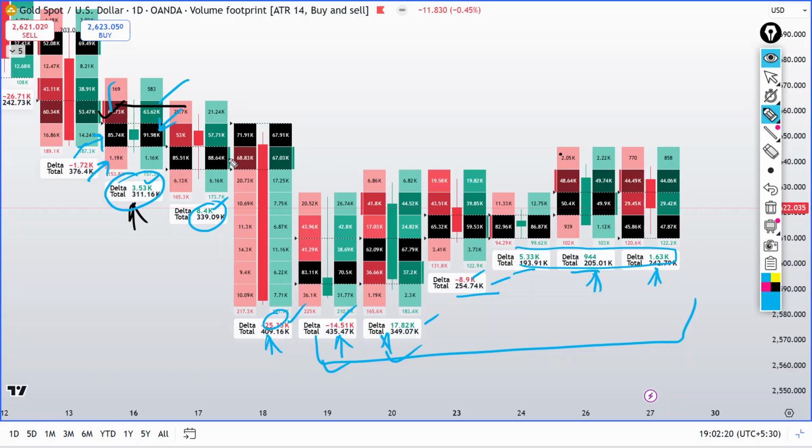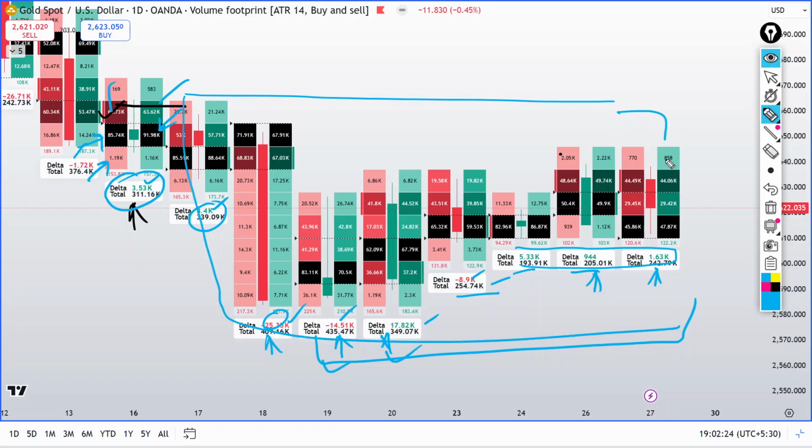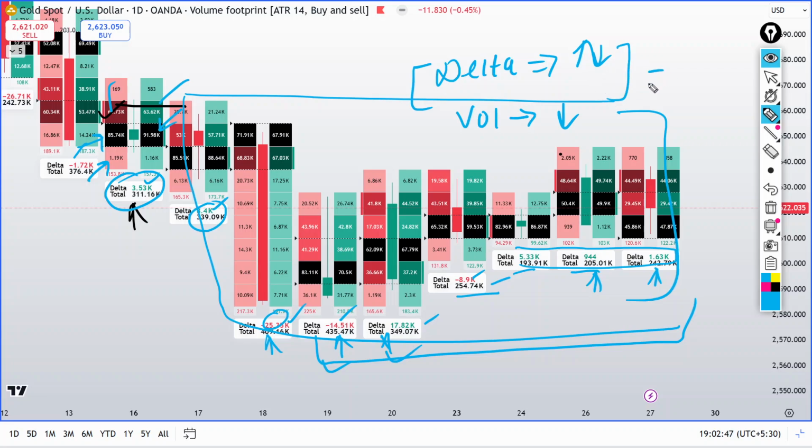So in this period we have seen a very frequent shift in delta up and down, and the volume is also going down as per this footprint data. So the sentiment from both delta and volume was in a sideways phase, as we already saw.